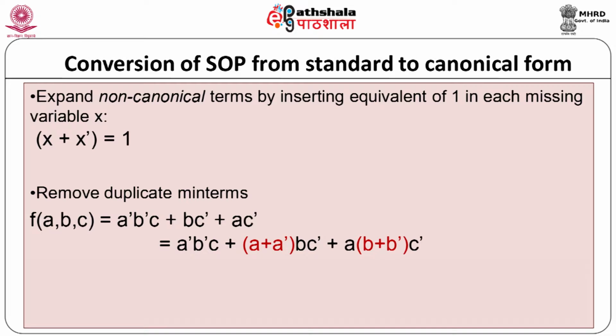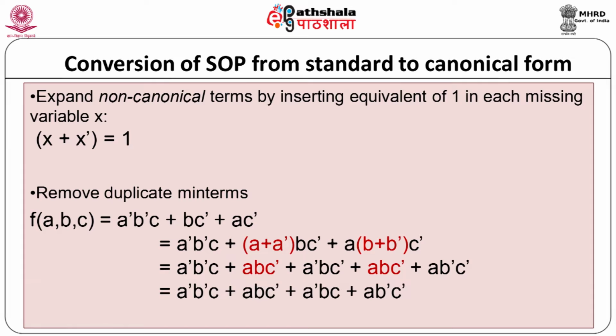So, we can add b OR with b bar, and let us expand. It is observed that a, b, c bar is duplicated. So, let us eliminate that duplicate term, and finally, the sum of product form can be represented as sum of min terms as shown here.